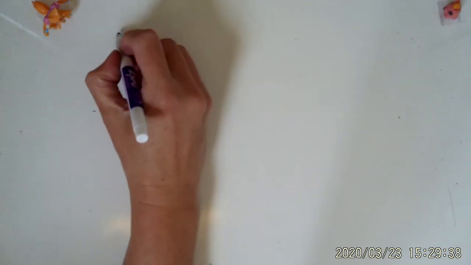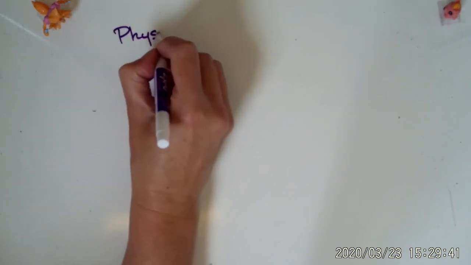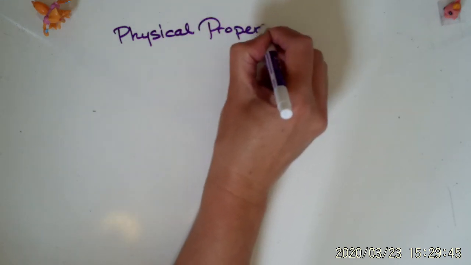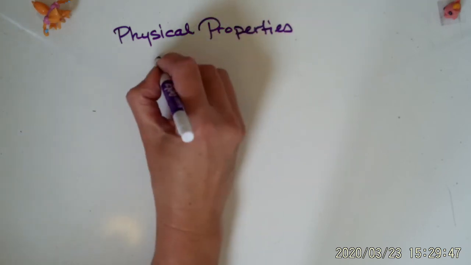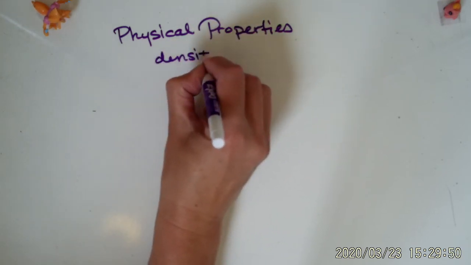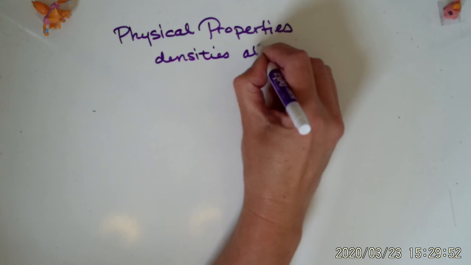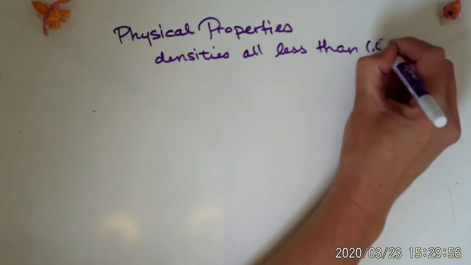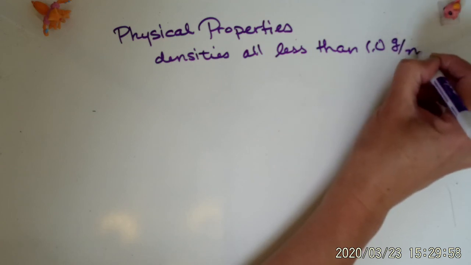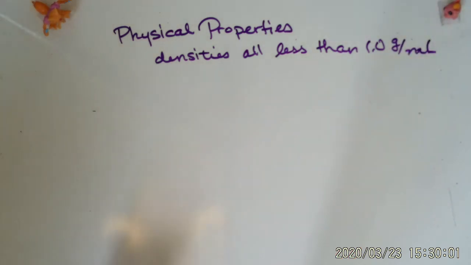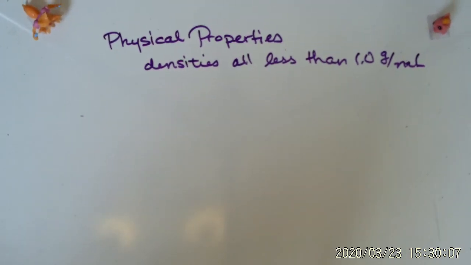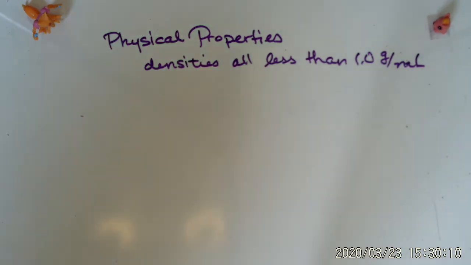All right, so the physical properties. Their densities are all less than 1. But not surprisingly, is it? I mean, the organic substances that we work with are always going to be less dense than water. The only time it's more dense than water is when we have an alkyl halide, right?